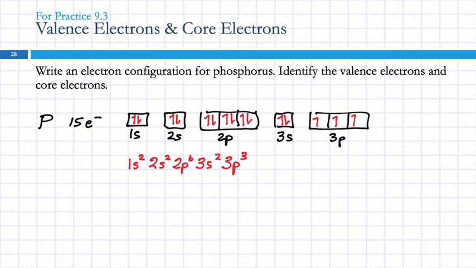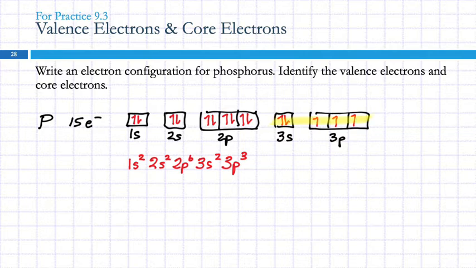Which energy level is the highest one that has electrons? 1, 2, or 3? 3. It's the highest floor in the hotel that's got anybody staying there. Nobody's on the 4th floor yet, but these guys are on the 3rd floor. It's all of the electrons on the 3rd floor. So it's all of these guys.